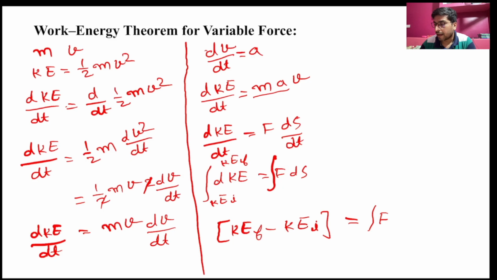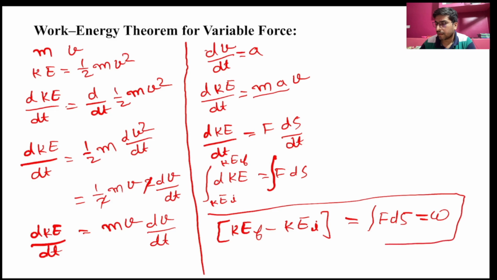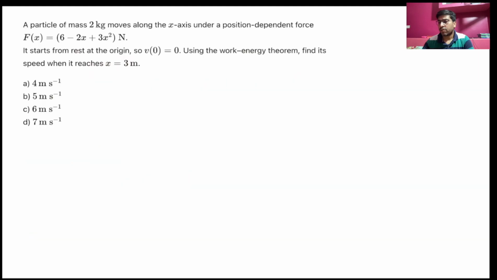Integral of f ds, and that is equal to what? Work done, right? So this way we can express the work done is equal to what? Change in kinetic energy of the object when force is variable, right? So this is an integral.